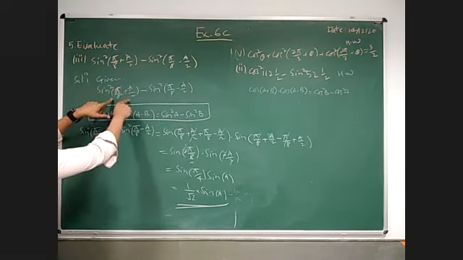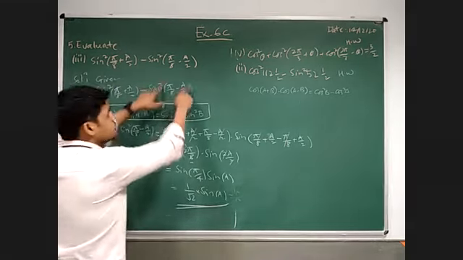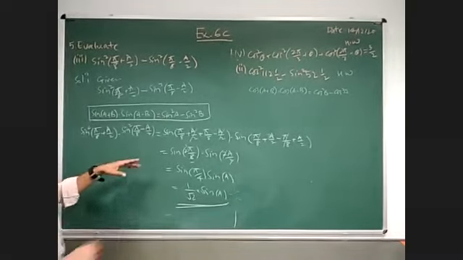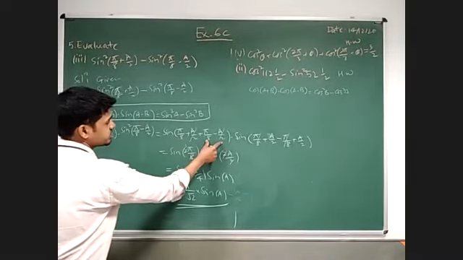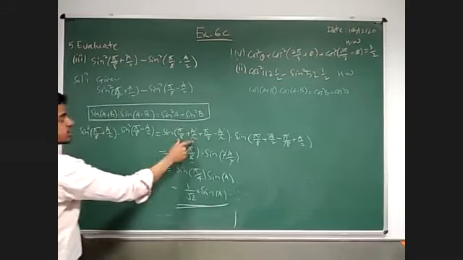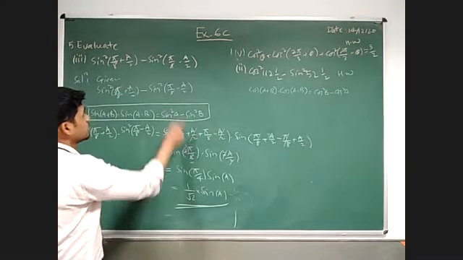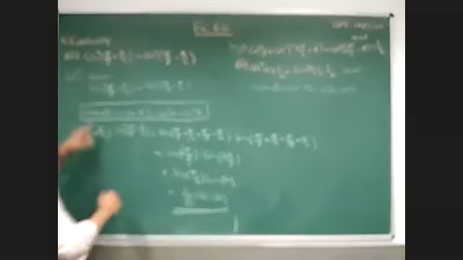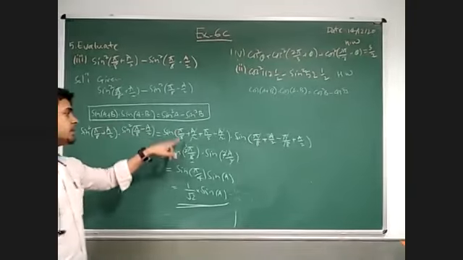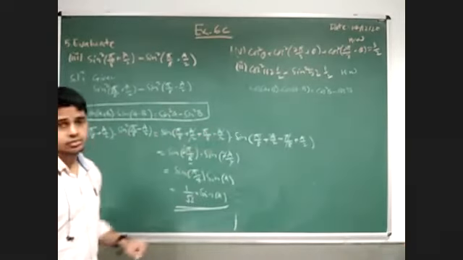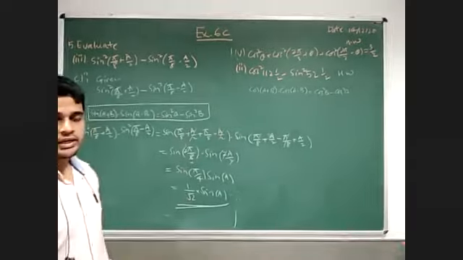These whole things I'm considering A, and these whole things I'm considering B. Pi by 8 plus A by 2 I am considering A, and pi by 8 minus A by 2 I am considering B. So A plus B will be pi by 8 plus A by 2 plus pi by 8 minus A by 2. Similarly I did over there.